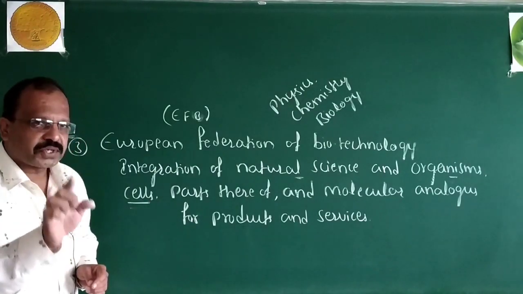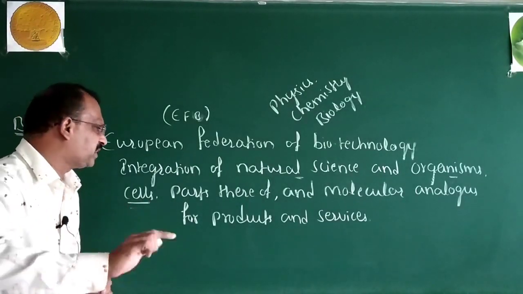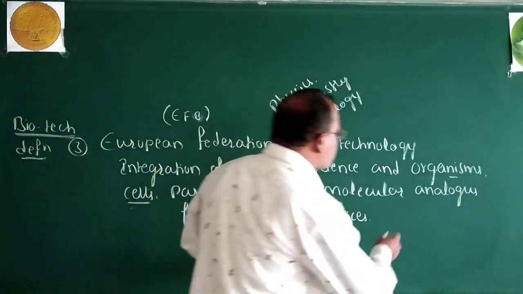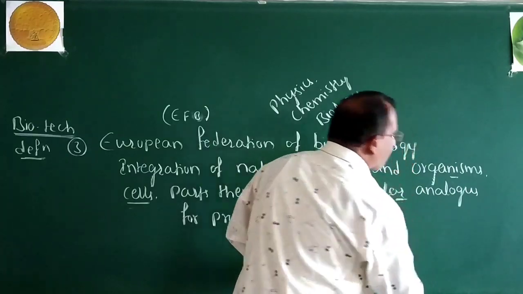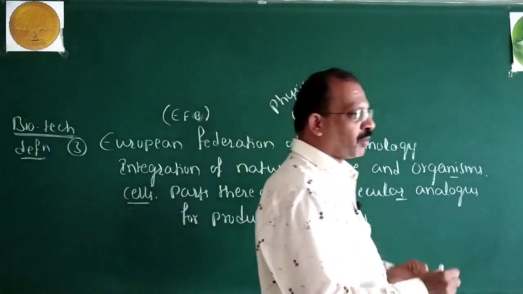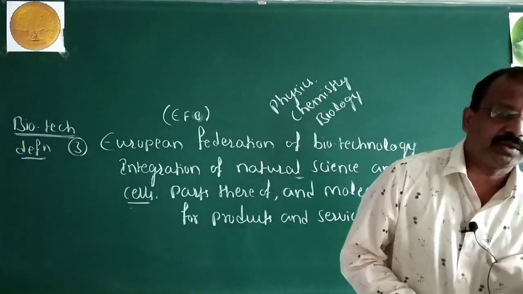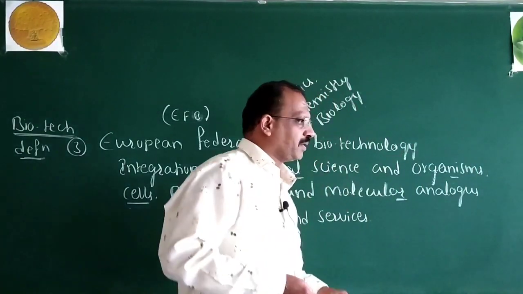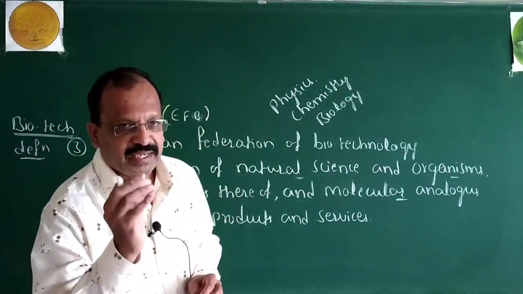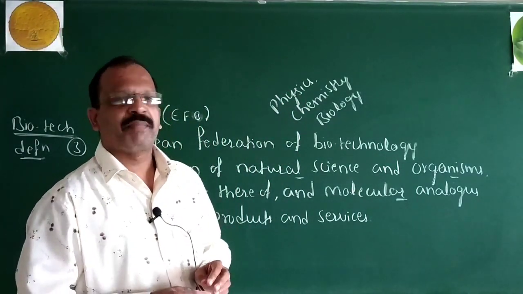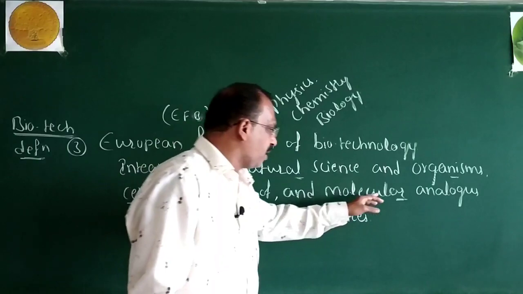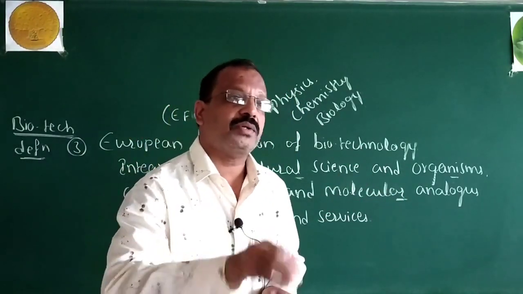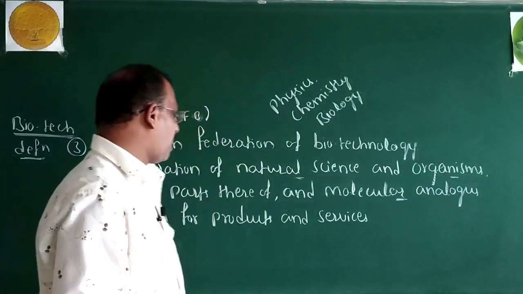Parts thereof, and molecular analogues. Molecular analogues means you are producing structures similar to DNA and RNA, as we have come across DNA and RNA in detail in molecular basis of inheritance.